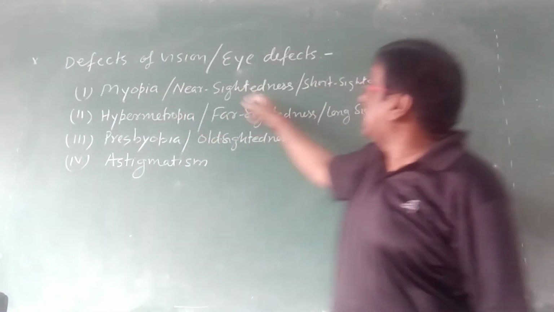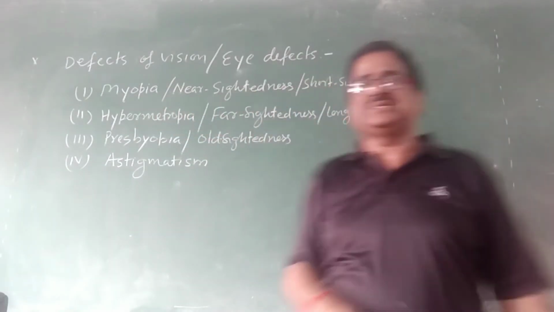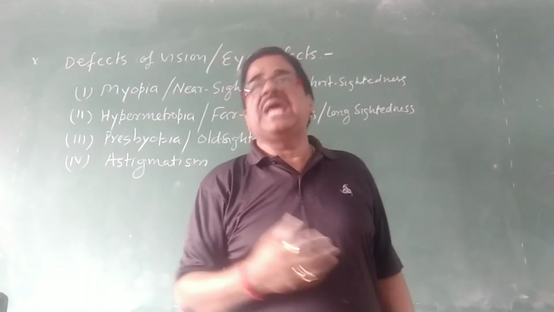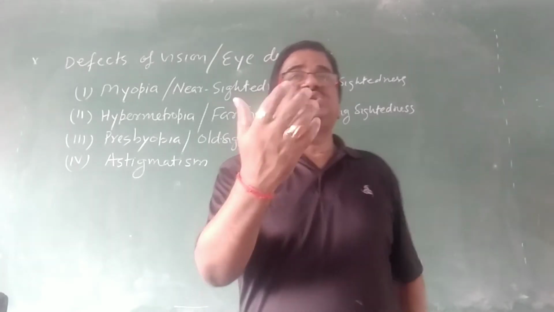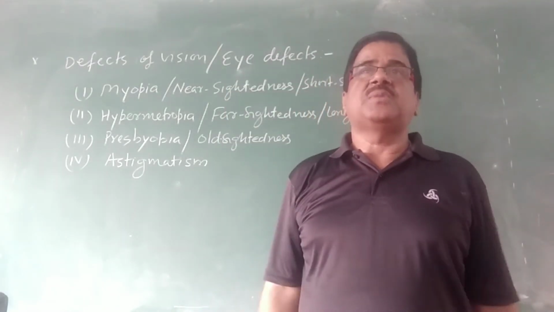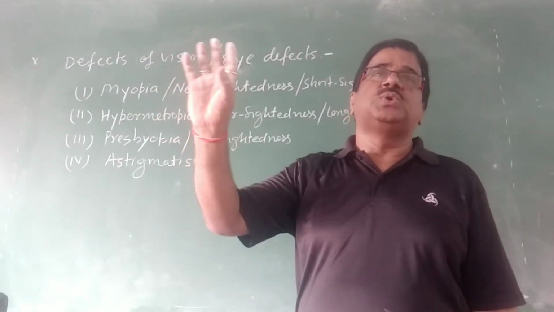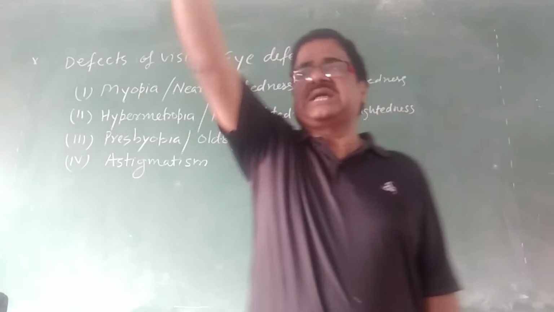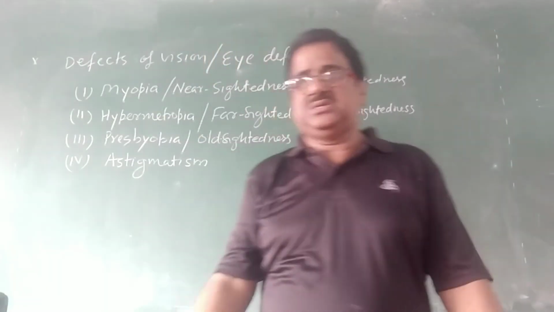Myopia means near-sightedness: the person suffering from myopia can see nearby objects, but is not able to see a distinct and clear image of distant, far away objects.